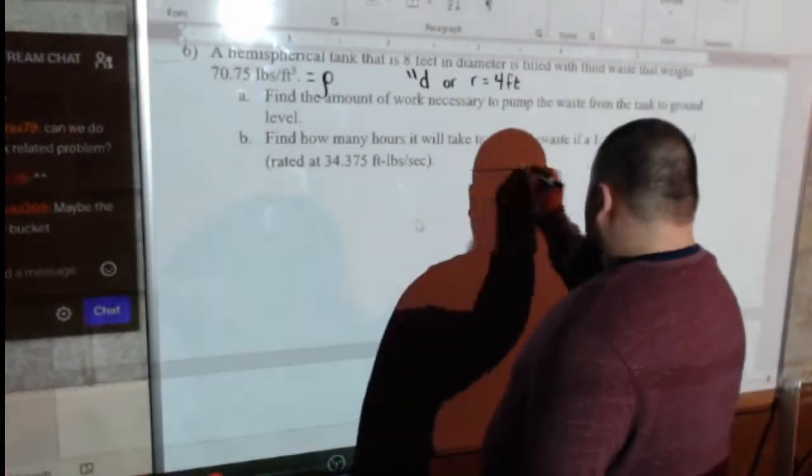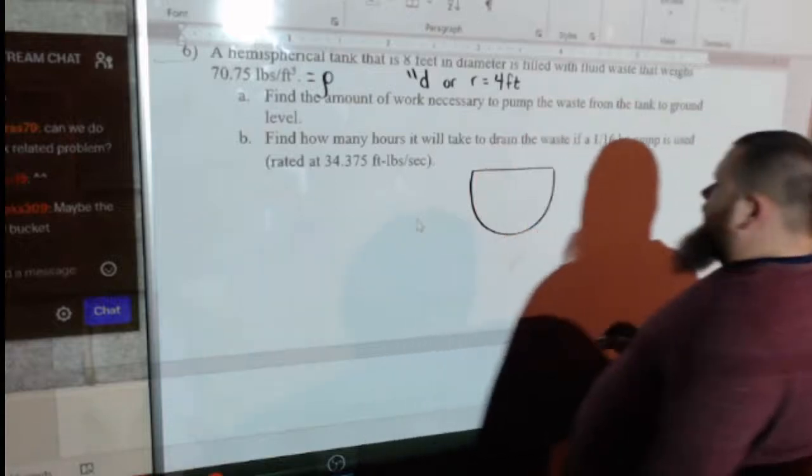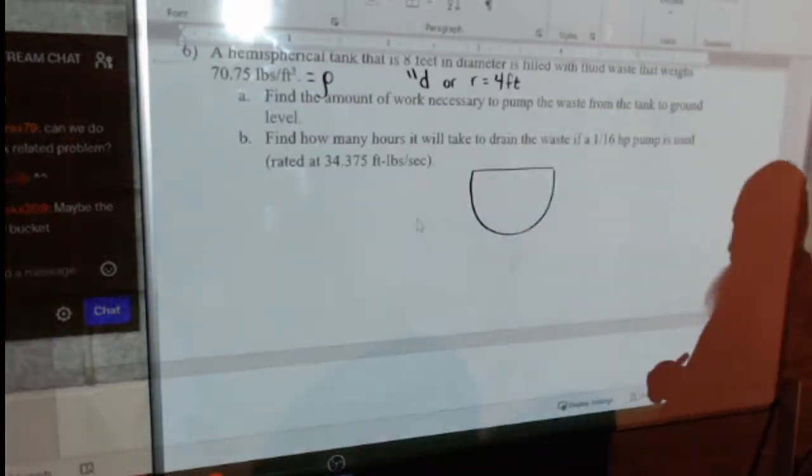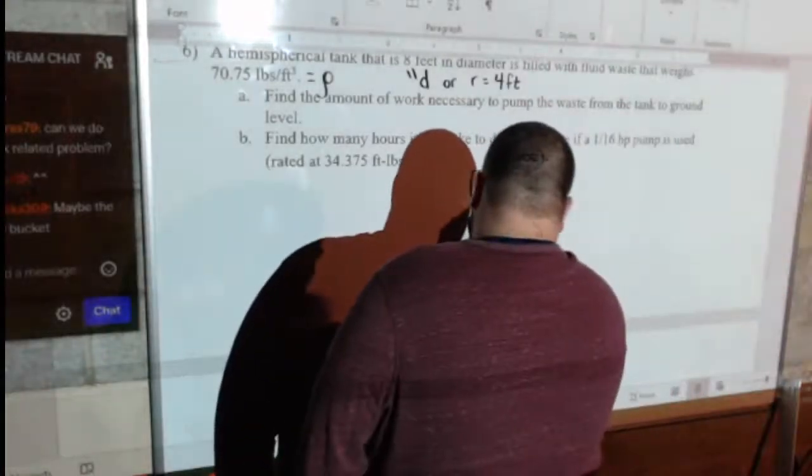So I got a hemispherical tank. And recall that I need to take a slice.